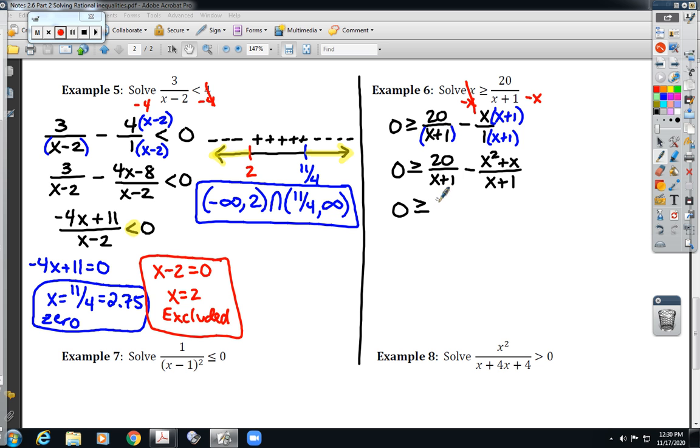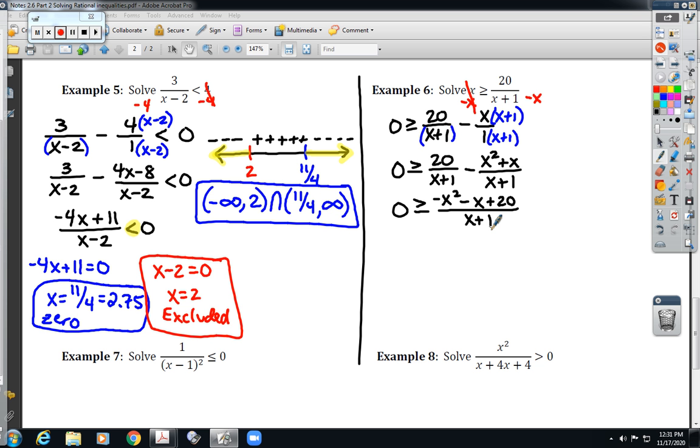That would be negative x squared minus x plus 20 over x plus 1. Again, we need to figure out what the zeros are of the numerator and the denominator. Your numerator zeros are your zeros. Your denominator zeros are your excluded values.